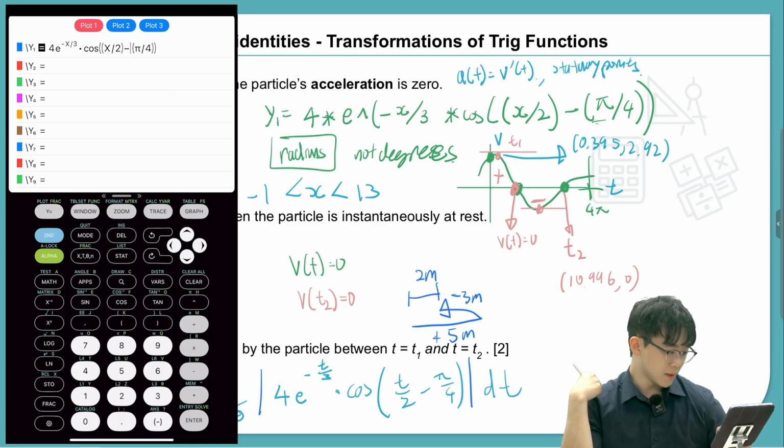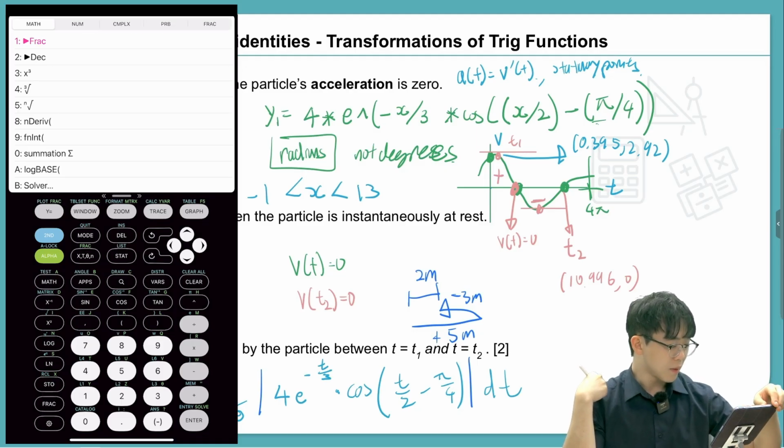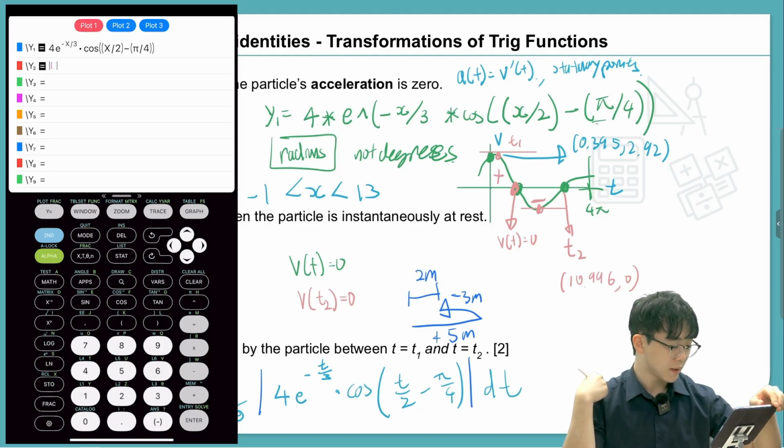So what we could do is we could perhaps copy this full thing. So you can copy the full expression from your calculator. Okay, so let me just select. And if you go to math, numbers, you can choose the absolute value sign. And then you could paste the values.